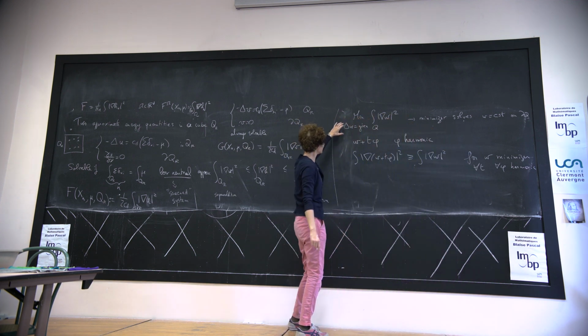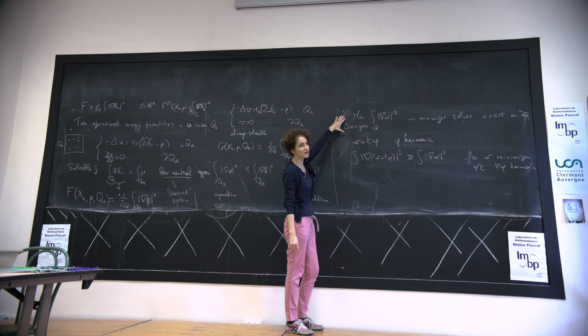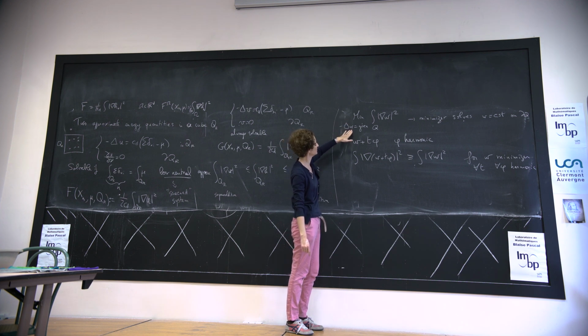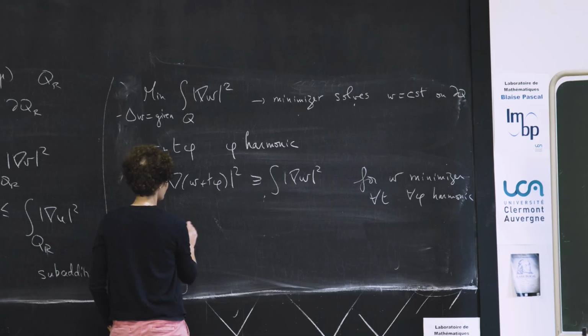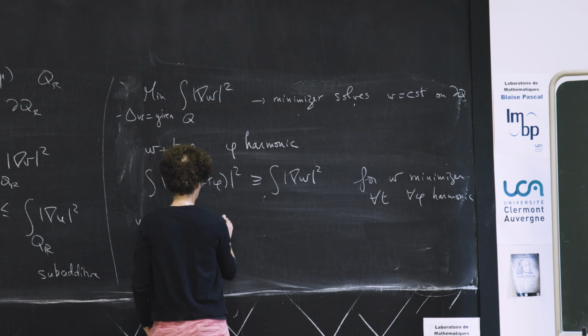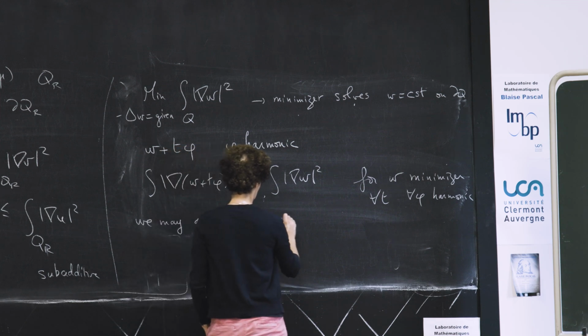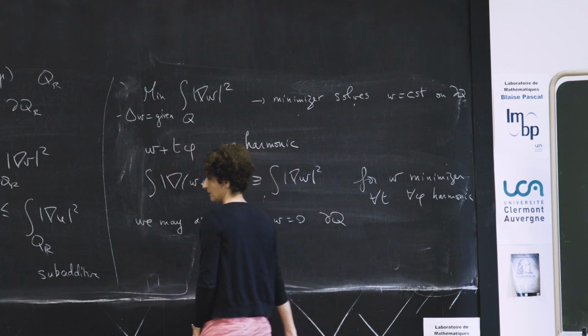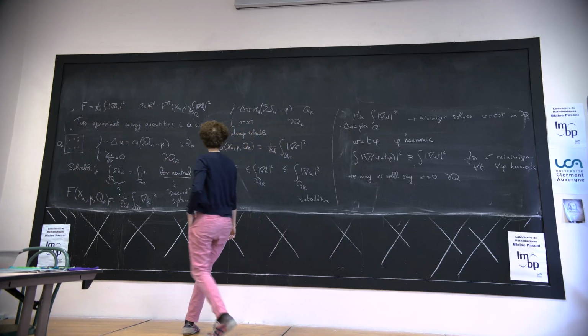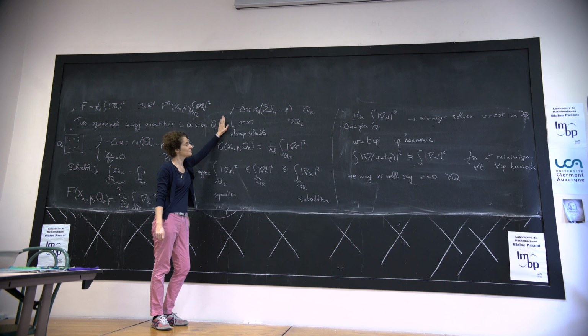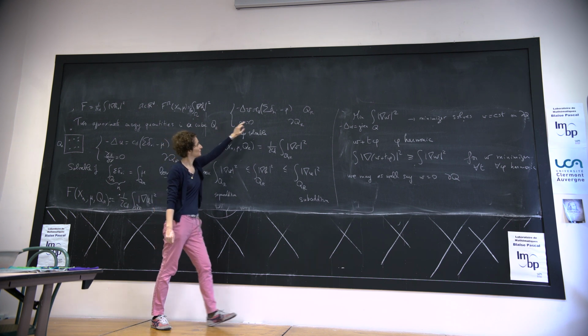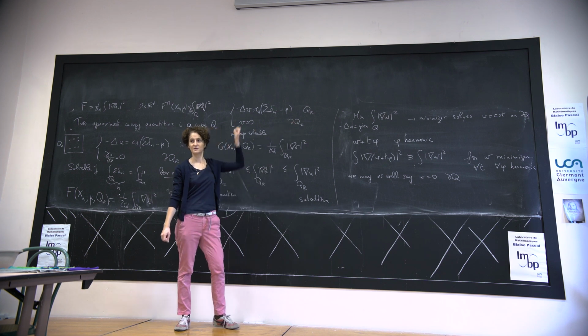And now this problem, as you see, is unchanged by addition of constants. So W is really only defined up to a constant. So we may as well assume that W is 0 on the boundary. Okay? So to come back to our problems here, this guy, the V, is the one that has the least possible energy given this right-hand side.